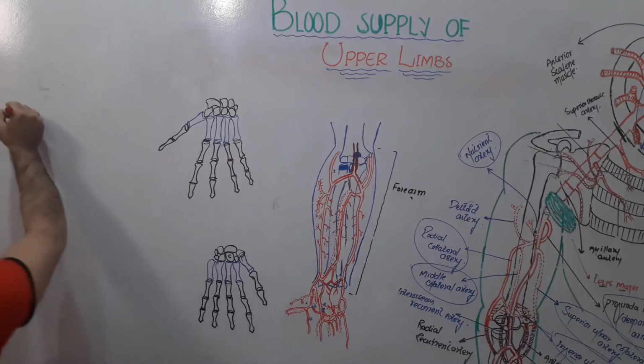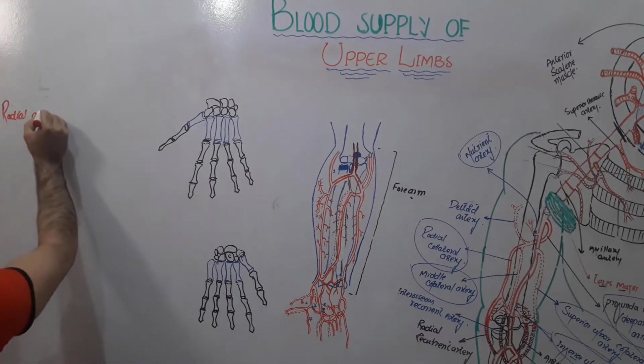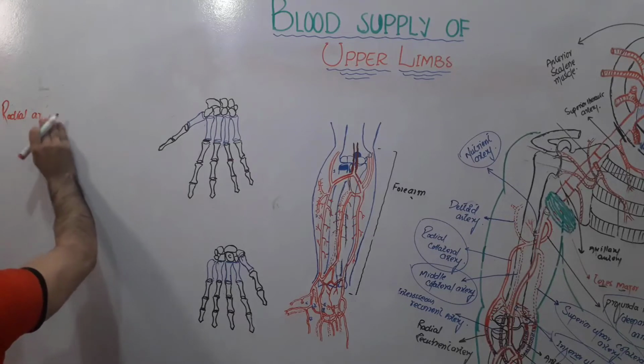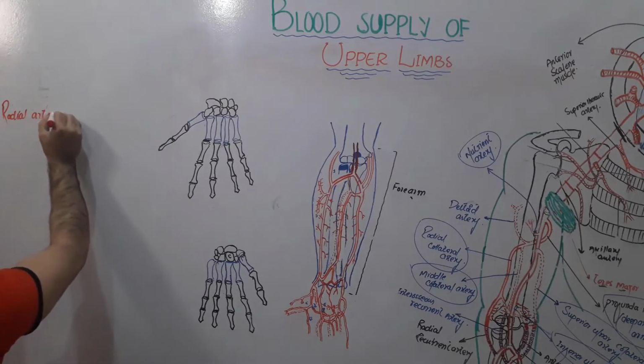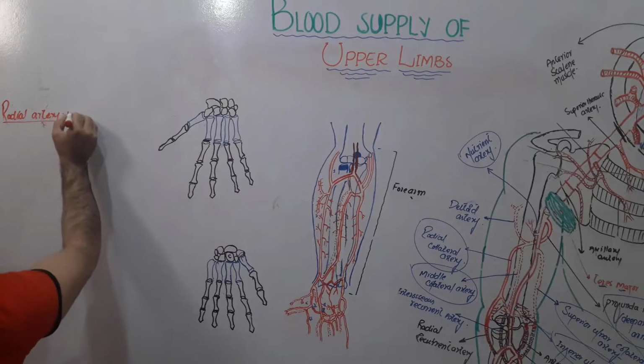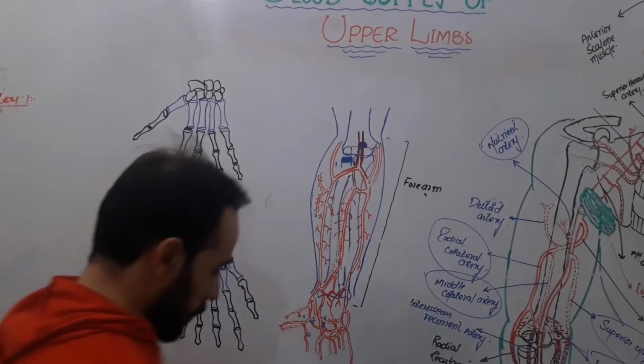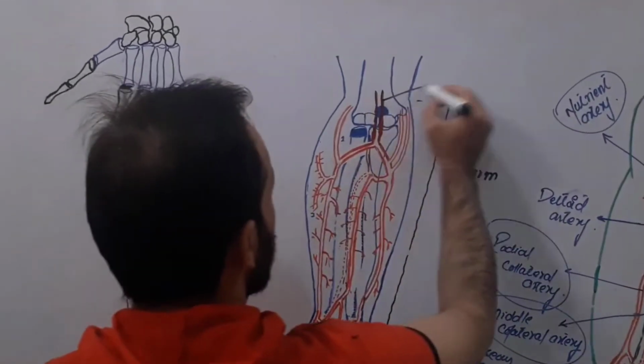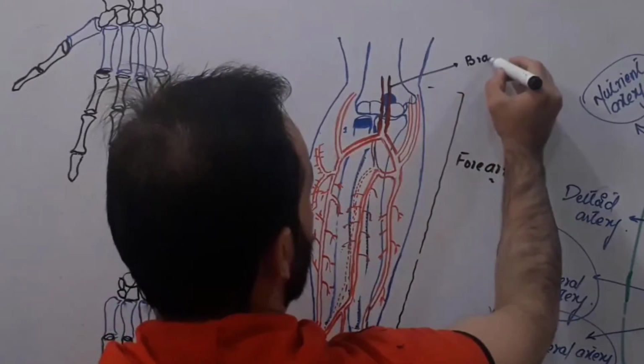The radial artery. We are discussing the radial artery and its branches. First of all, if someone asks what is the radial artery, look carefully. This is our brachial artery.